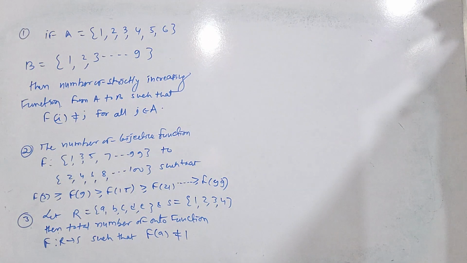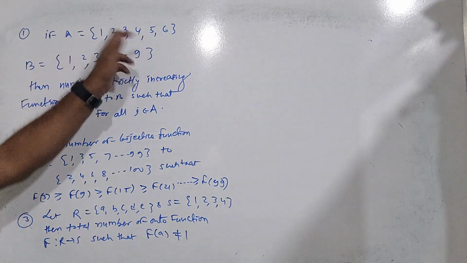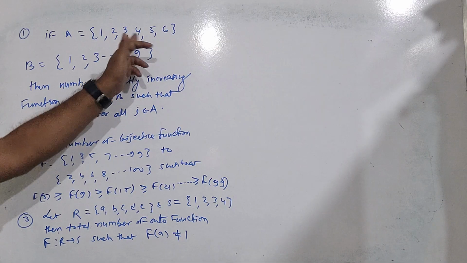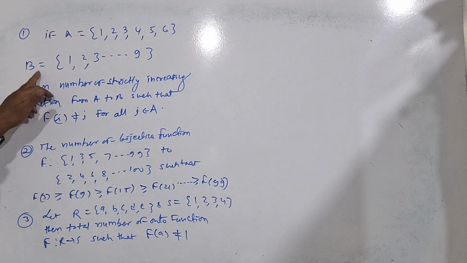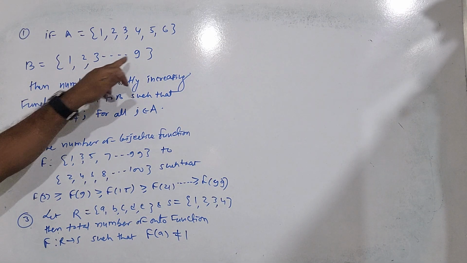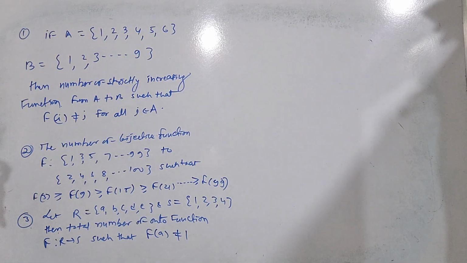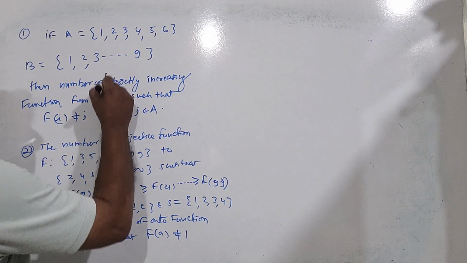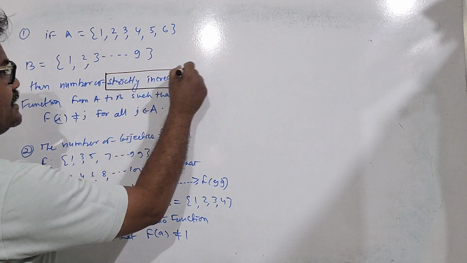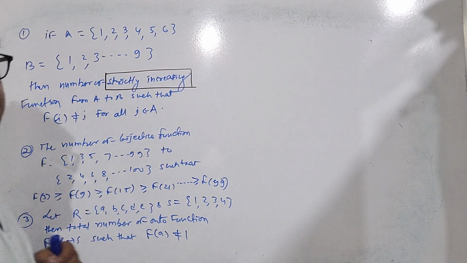First one: A is the set containing these six elements 1, 2, 3, 4, 5 and 6, and B is the set containing 1, 2, 3 up to 9 elements. Here 6 elements, here 9 elements. Then the number of strictly increasing functions. What do you mean by a strictly increasing function?